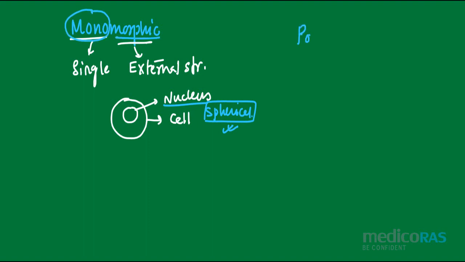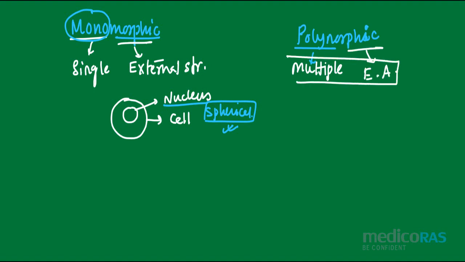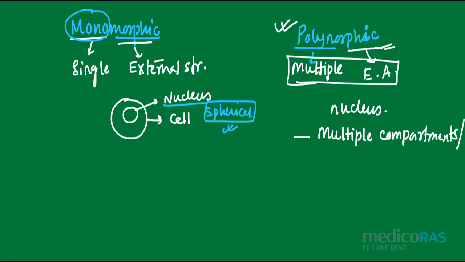Similarly, the word polymorphic stands for multiple. Poly means multiple and morphic means the external appearance. So if something has multiple external appearances, it is considered a polymorphic condition. If the polymorphic condition is for a nucleus, then this kind of nucleus has multiple compartments, or instead we can also write lobes.